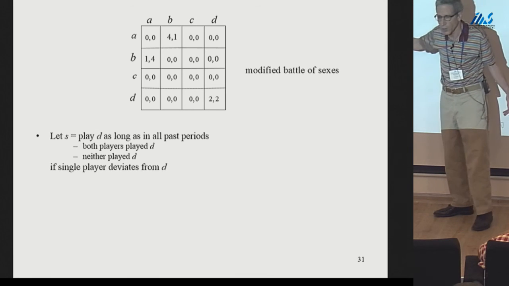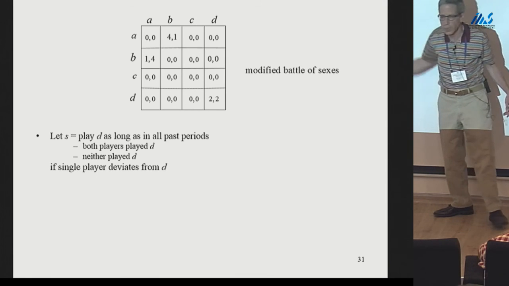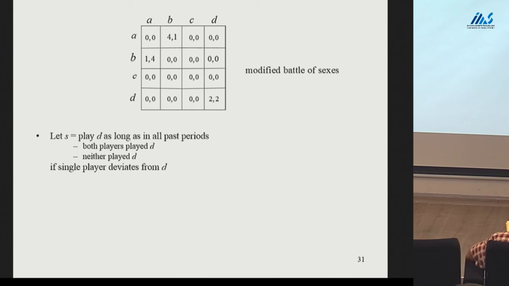This is not strongly efficient, but it is evolutionarily stable. The strategy that alternates gets 2.5, 2.5 with A, B, and B, A.